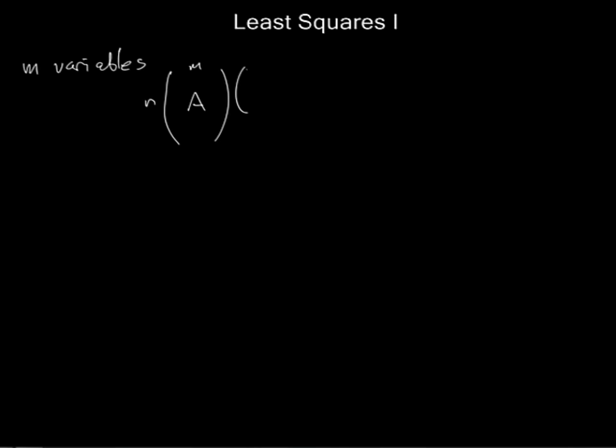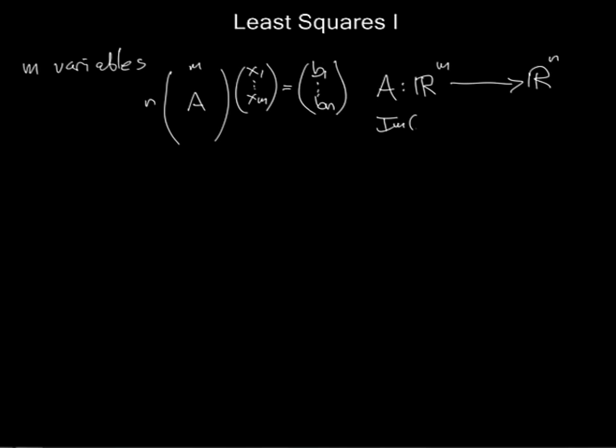Okay, so let's go on and generalize this to more variables. So now we have m variables and n equations. And let's look at this equation here. So now we're looking at a map from Rm to Rn. And the image of A is an m-dimensional plane. Well, we can take it to be.